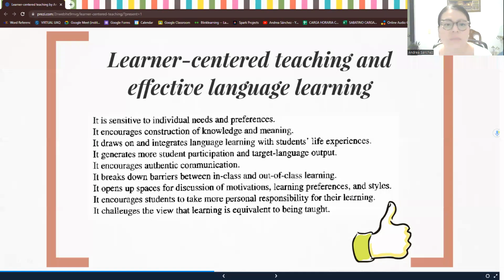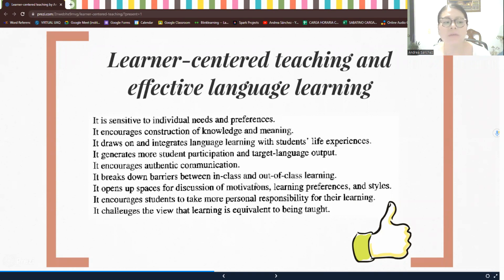it's not working. As I was telling you about producing the language, learner-centered teaching encourages authentic communication because it's meaningful, because it goes according to students' needs. It breaks down barriers between in-class and out-of-class learning.